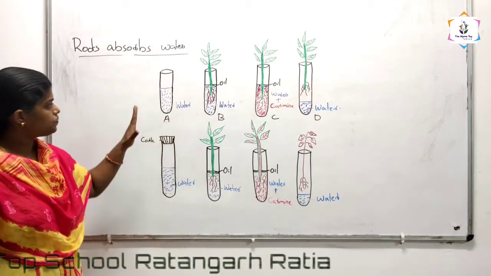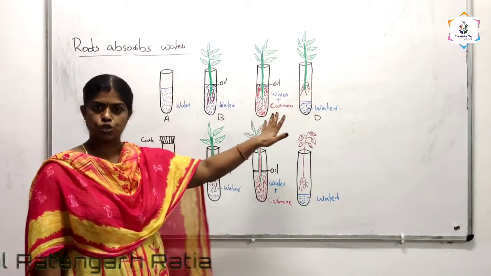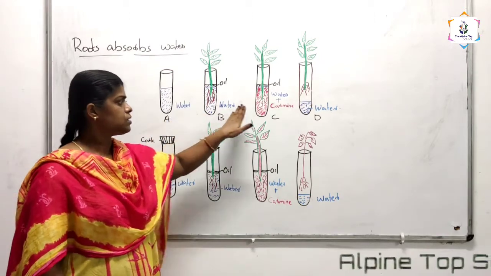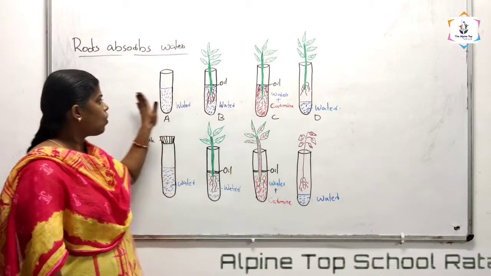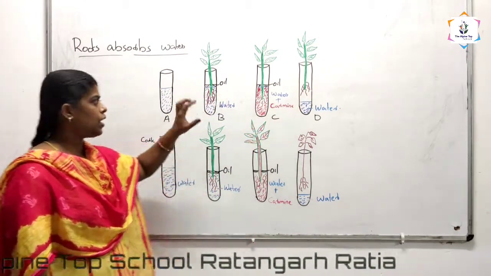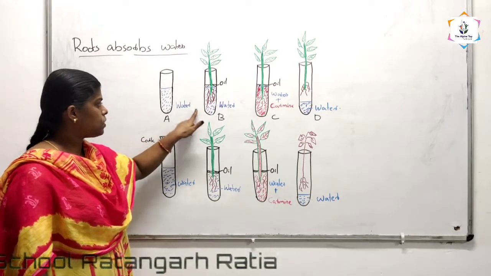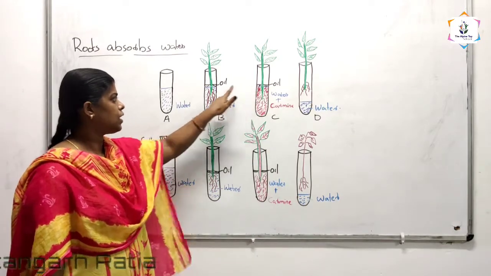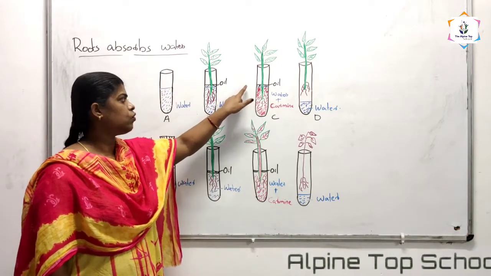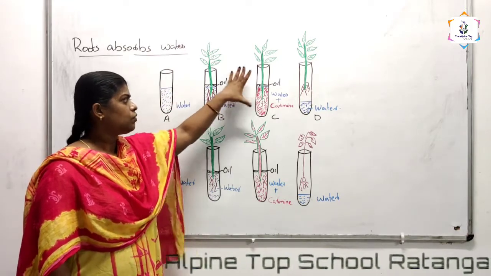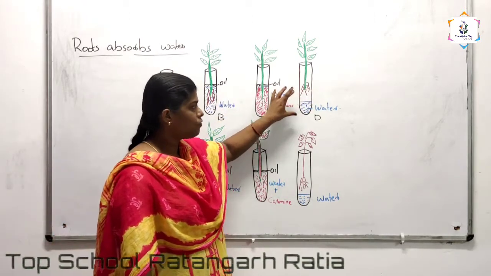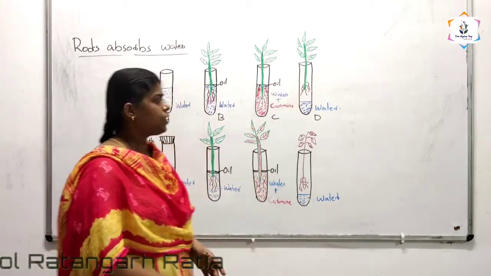So what is the setup? We have 4 tubes here and we are labeling them as A, B, C and D. In all these test tubes we are going to add water. In A, B and C we are taking the same level of water, 1/3 of the tube, and here in D we are taking very little water.